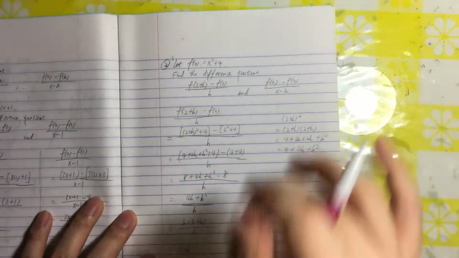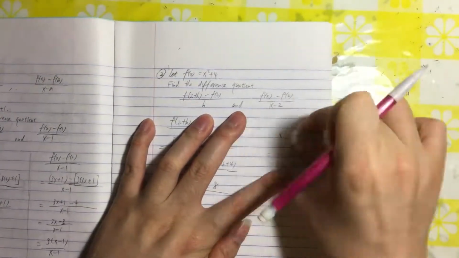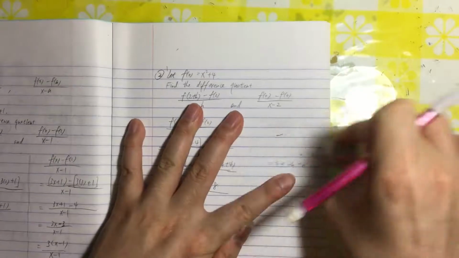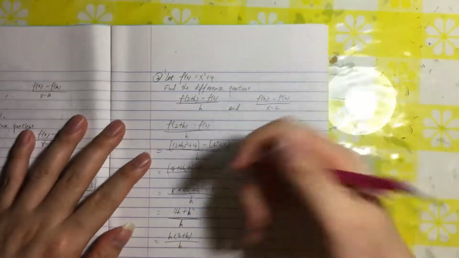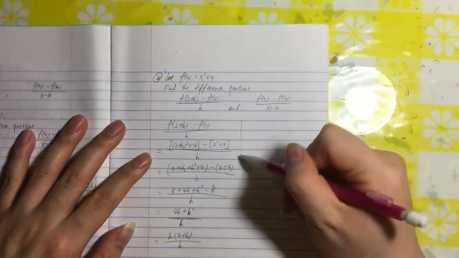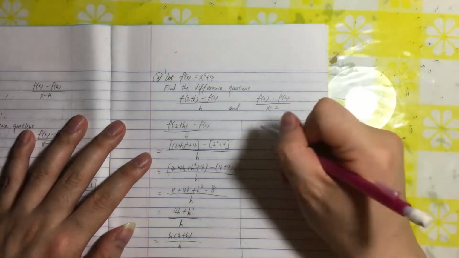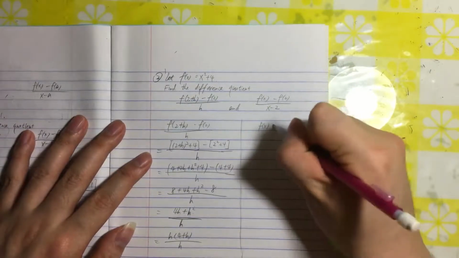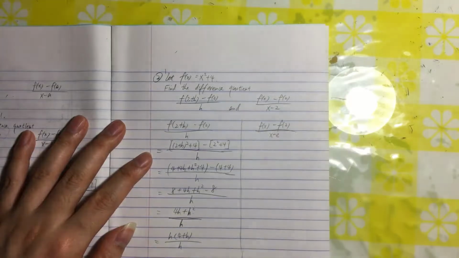Next, let's solve the other one. For the other difference quotient, we have f of x minus f of 2 over x minus 2.